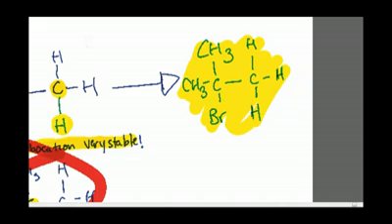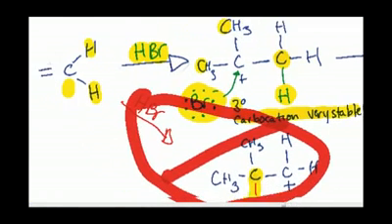And that concept there, when you have a certain product that's always preferred when you have a possible two products, is called regioselective. Okay, and that's basically Markovnikov's rule.